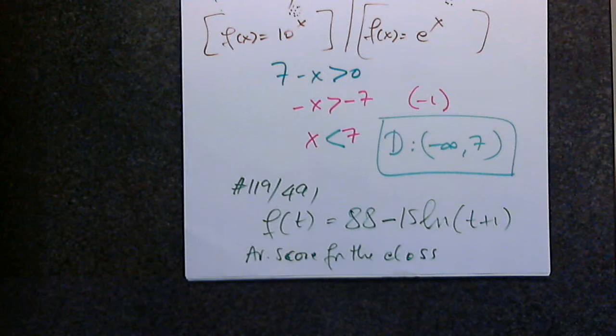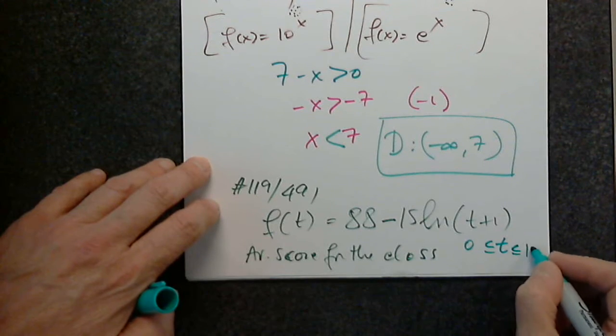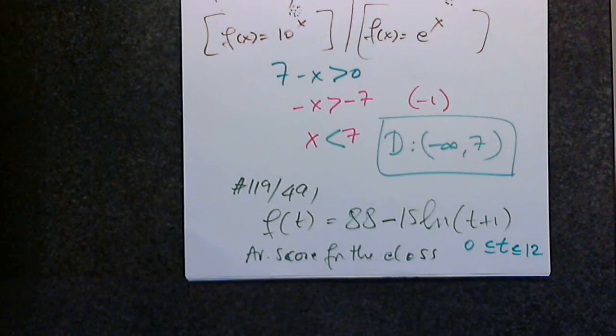Natural log, when the base is e. Excellent. Part A. Okay, I'm sorry. And t is the time in months between 0 months originally and 12 months, a year later.